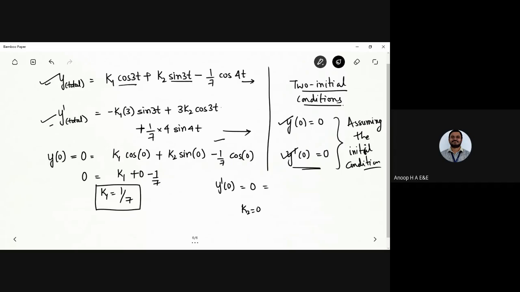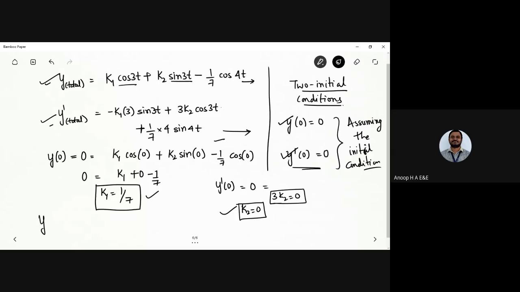In the differentiated equation, the sine terms are 0 there, so these two terms get cancelled, skipping a step here. You are left with 3k2 into 1, so 3k2 equals 0. That is, the value of k2 is equal to 0. So I know the two constants: k1 equals 1 by 7, and k2 equals 0.